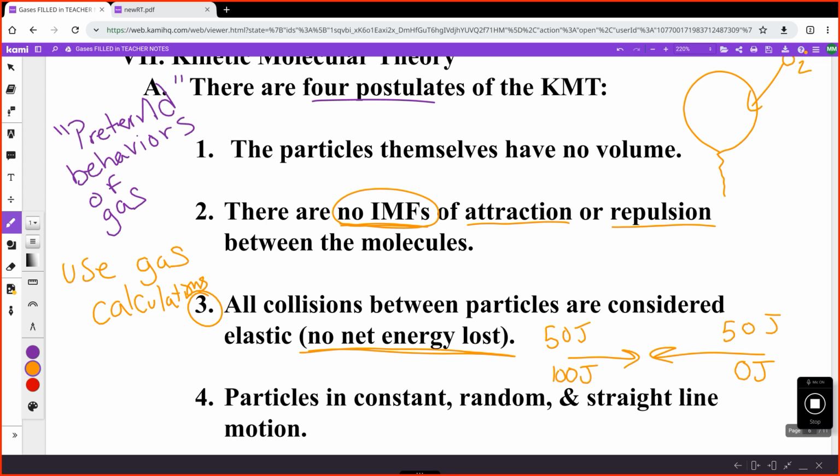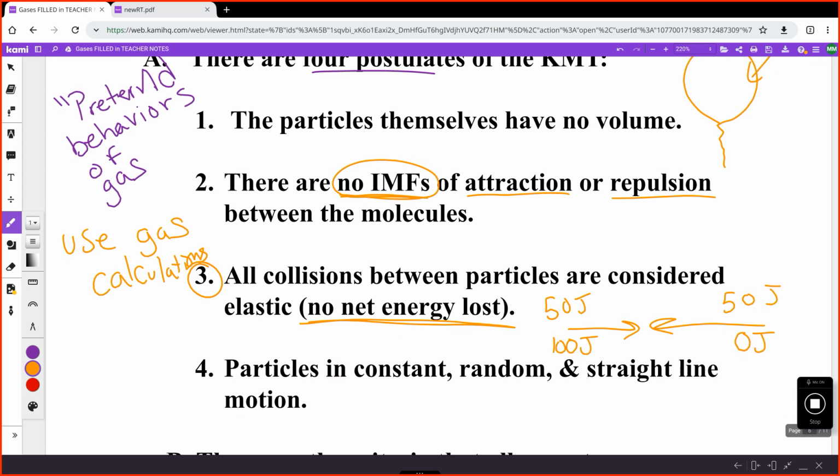The reason we do this is it would affect the temperature readings. And again, we're trying to have a level playing field for all particles regardless. The last one just makes a statement. It's pretty simple. Particles, the way that they travel, constant, random, straight line motions. Something like that.